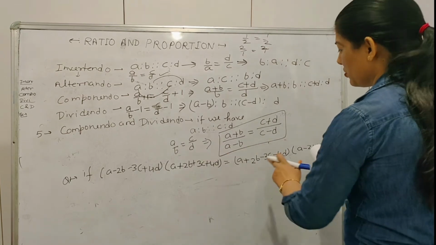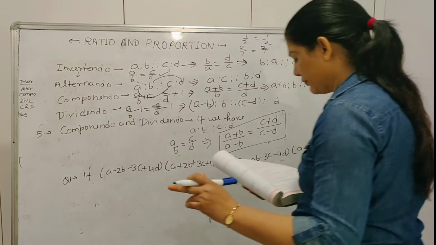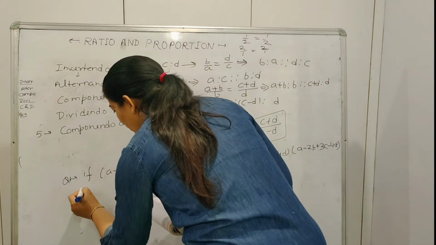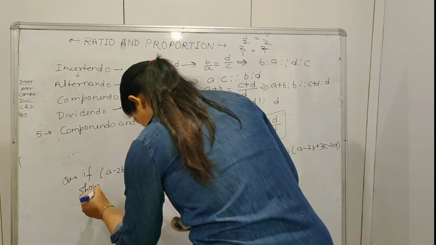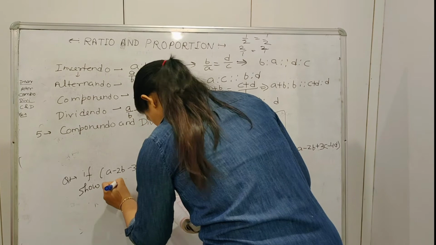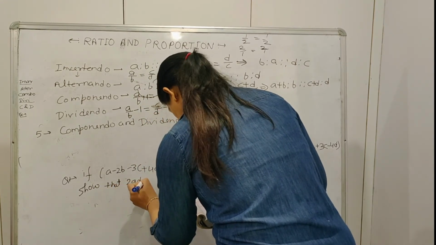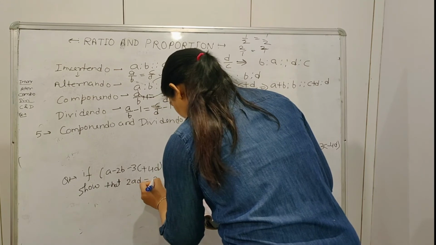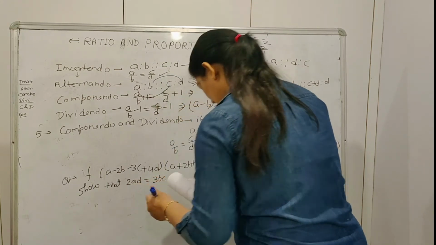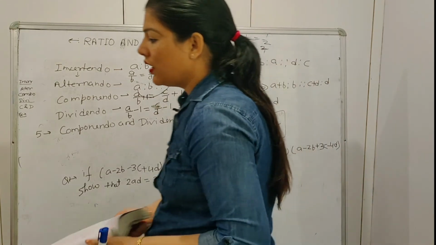So these two are equal, and I have to show that 2AD is equals to 3BC.